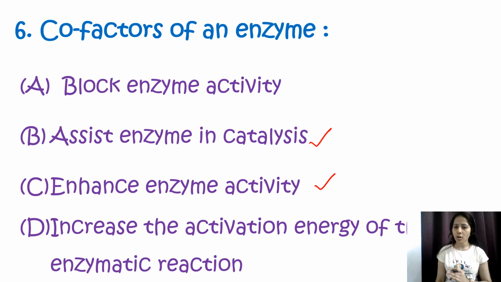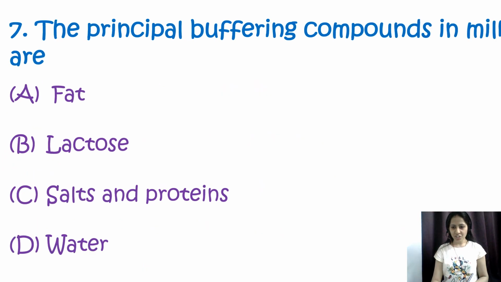They do not block the enzyme activity or increase the activation energy of the enzymatic reactions. Rather, they contribute in increasing the efficiency of the enzymatic reactions. How? By aiding in the catalysis. So the most appropriate correct answer will be C, that is it enhances the enzyme activity.